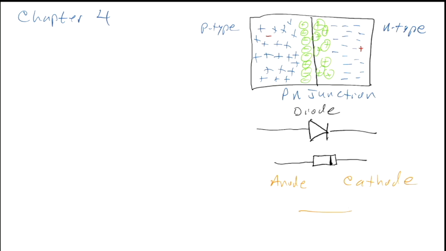And the current flows this way if we've got a voltage that's plus to minus, a forward current due to that diode equation.